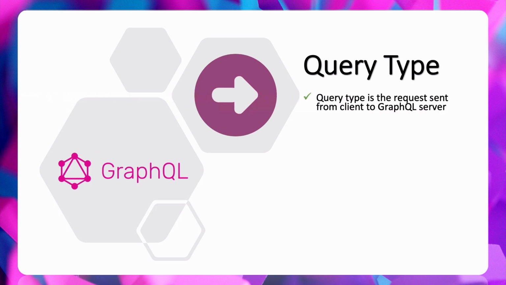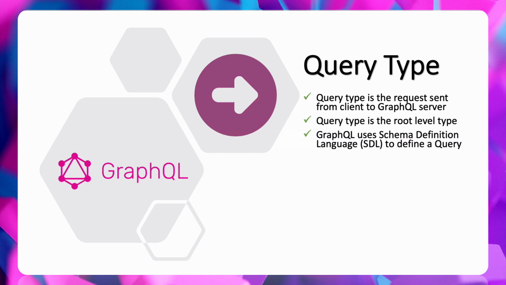So query type is the request sent from client to GraphQL server. Query type is the root level type, as we already know, and GraphQL uses schema definition language to define the query. We already know how we can write the query, but what is this schema definition language and why do we need it in GraphQL? Why another language?